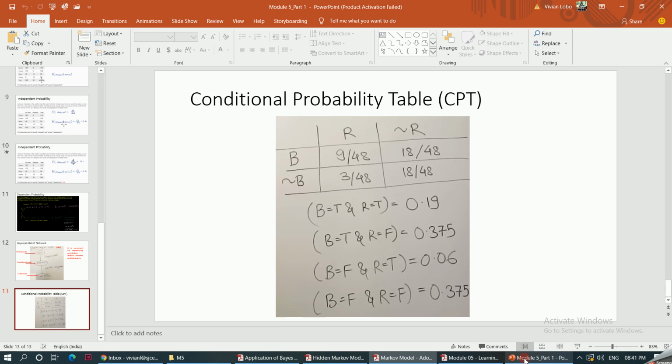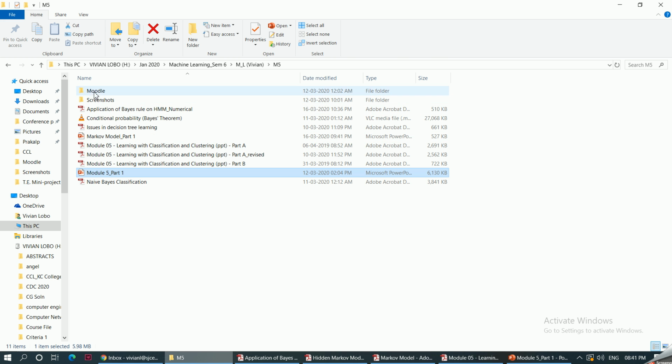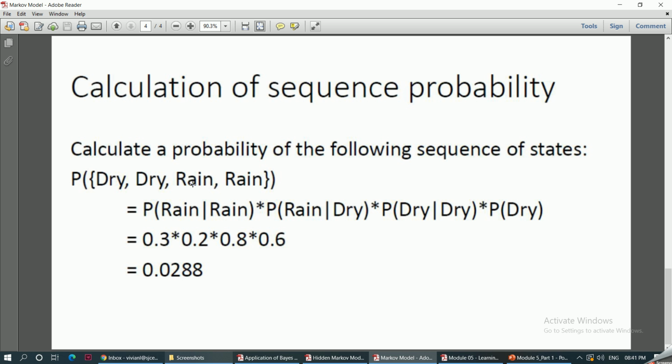We start by backtracking. First we calculate the probability of rain given the previous event, which is rain, multiplied by the probability of rain given the previous event dry, and finally the probability of dry.